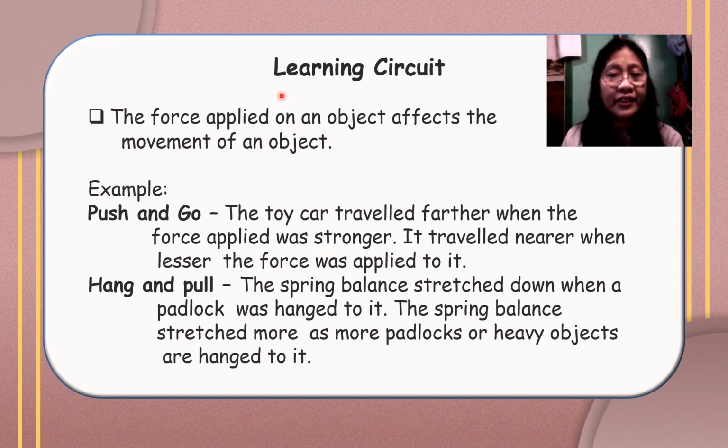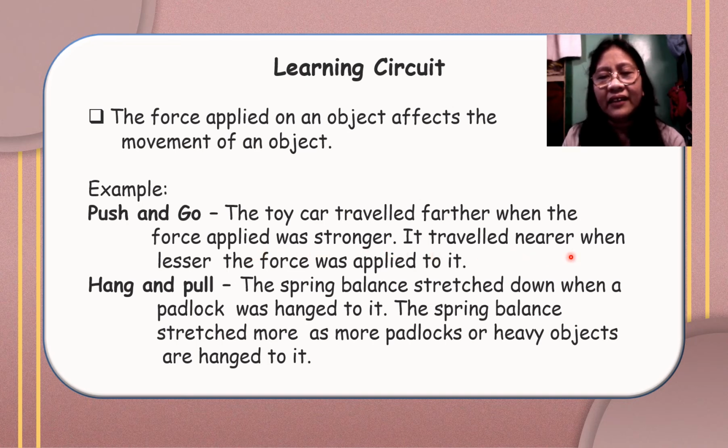So for our learning circuit, here are the concepts. The force applied on an object affects the movement of an object. Example, push and go. The toy car traveled farther when the force applied was stronger.